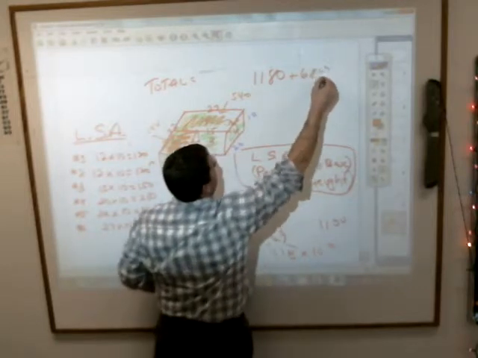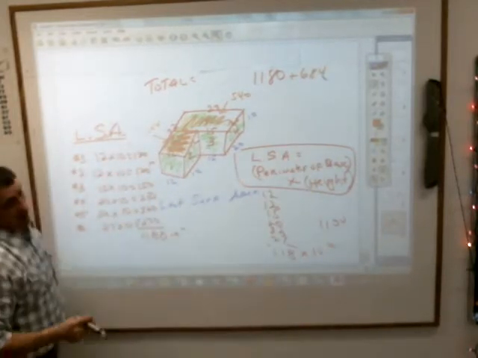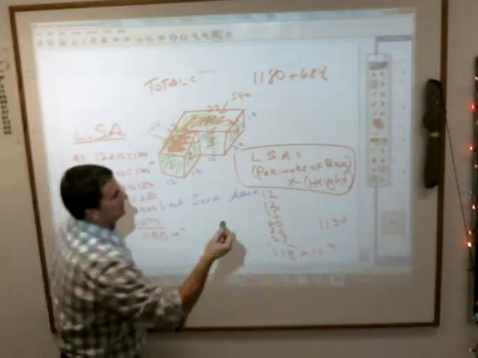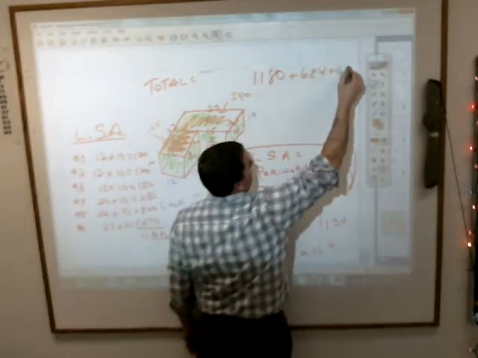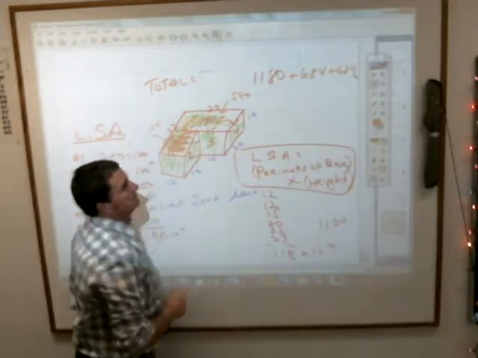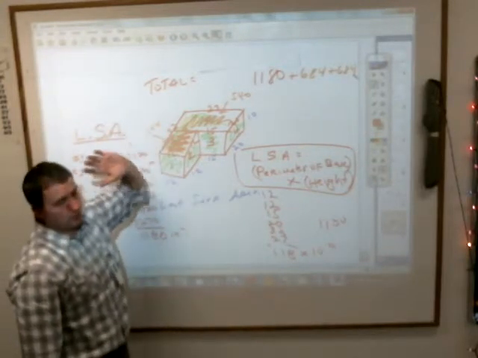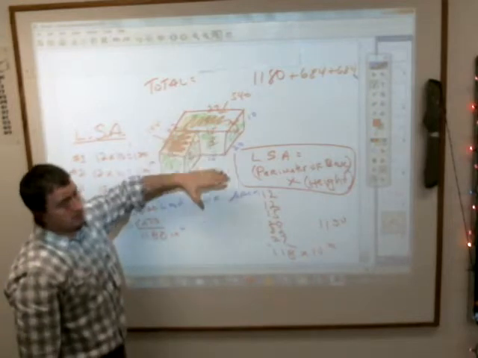Am I done now? No, I still have to do the bottom, which is the same though. You add those three things together, and that is the total surface area. Lateral surface area is just the sides. Total surface area is the side plus the two bases.